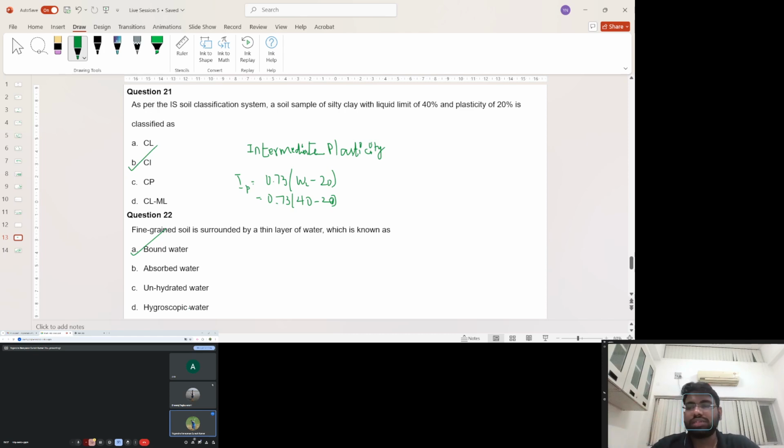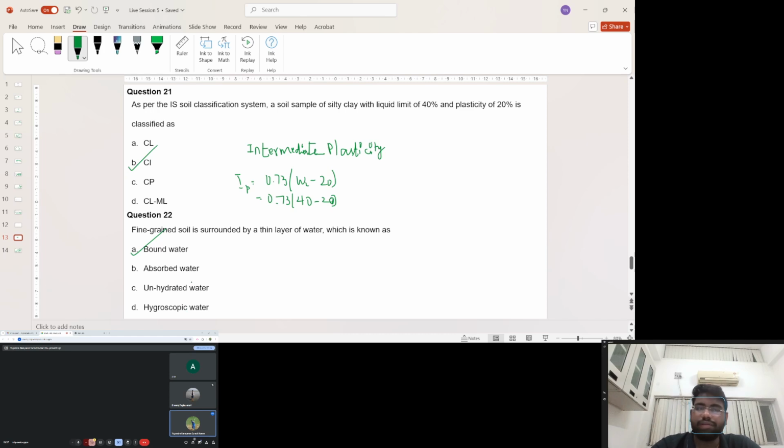And if you again place the soil in atmospheric conditions, it will absorb some water, which is also termed hygroscopic water. Right.